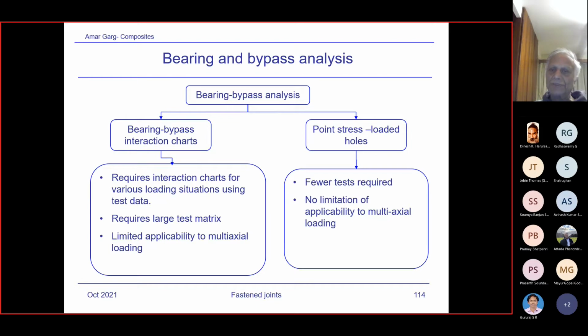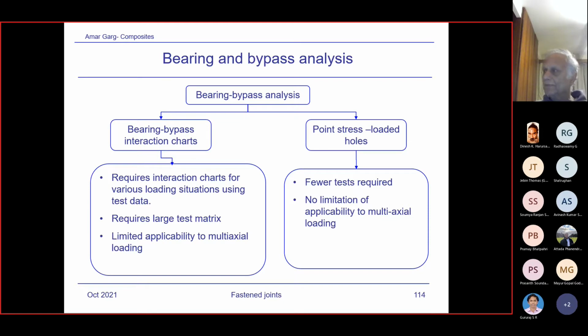But the point test based method does not need all those interaction charts based on lots of test data and interpreting the charts. This is far more simpler and requires much less test data and is very versatile. There is no limit.